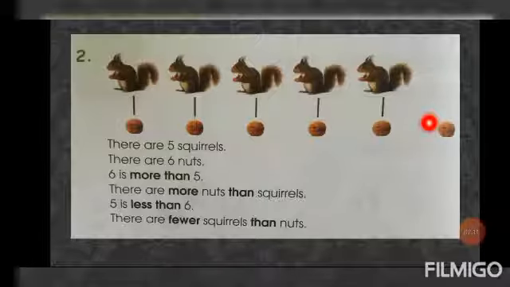There are 6 nuts. 6 is more than 5. Look at here. There are more nuts than squirrels. Yes, squirrels are less than the nuts. 5 is less than 6. There are fewer squirrels than the nuts.